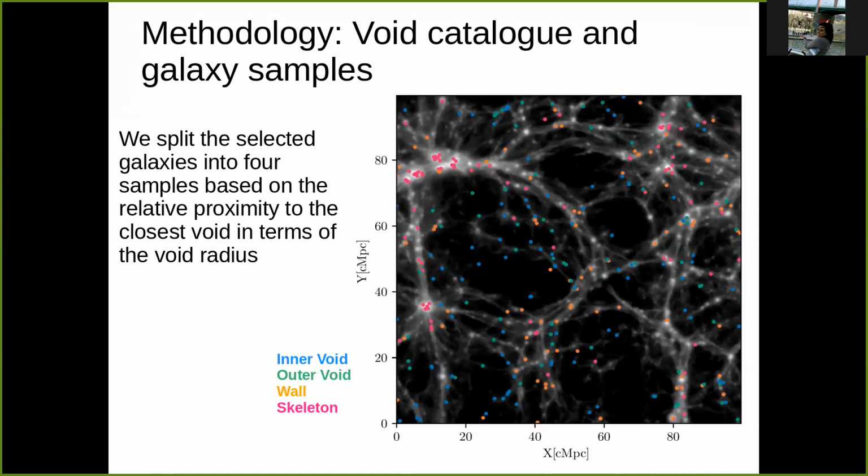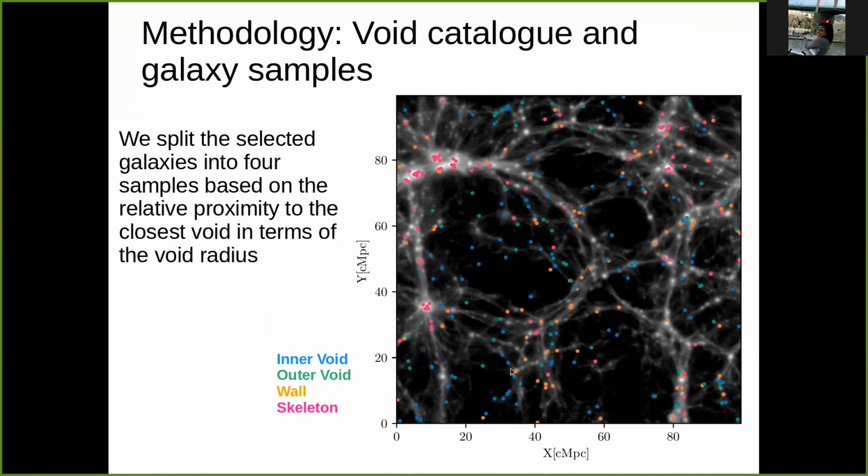We split our final galaxy catalog into 4 samples based on the proximity to the closest void, relative to the size of the void. We define these regions as inner void galaxies, outer void galaxies, wall, and skeleton.